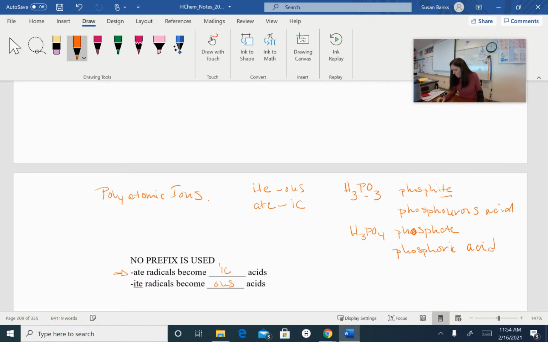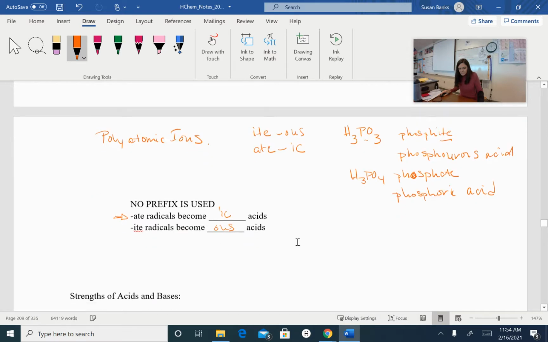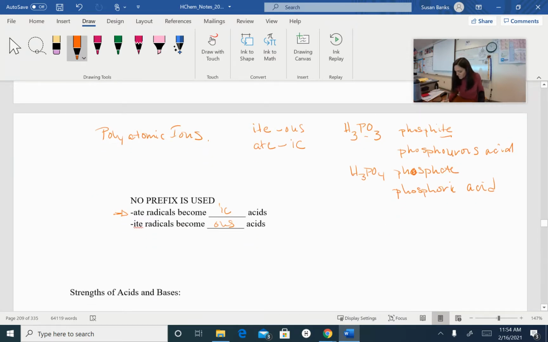Okay, let's do another example of this. If I had HClO4, ClO4 is perchlorate.